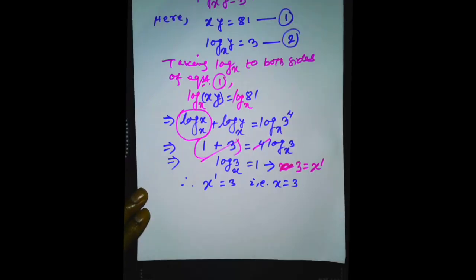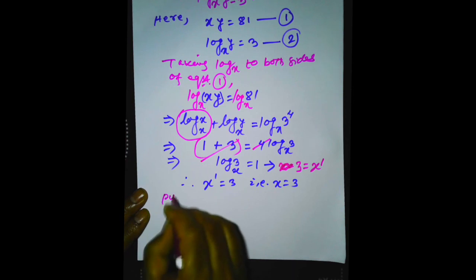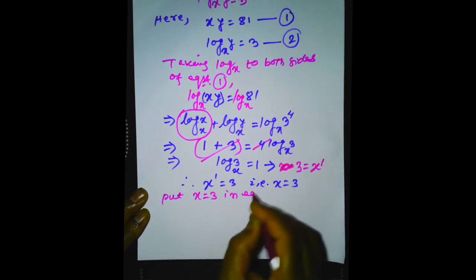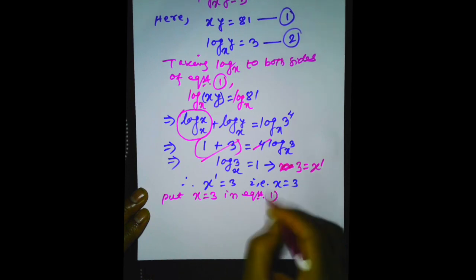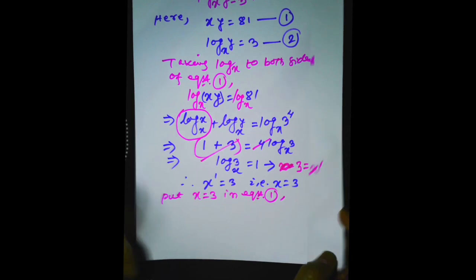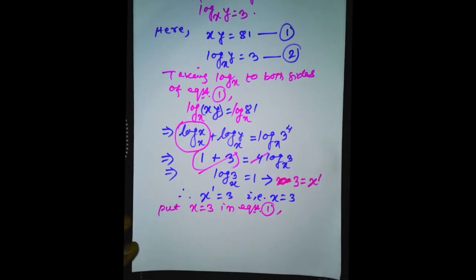So put x equal to 3 in equation 1, or in either 1 or 2. I'm putting it this time in equation 1 in order to get the value of y.